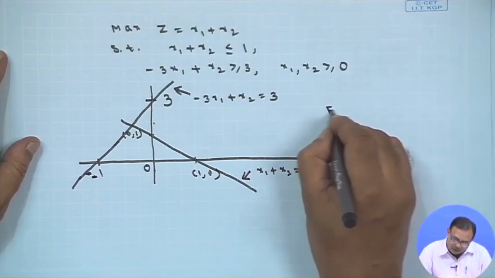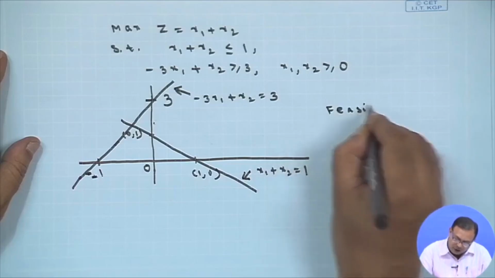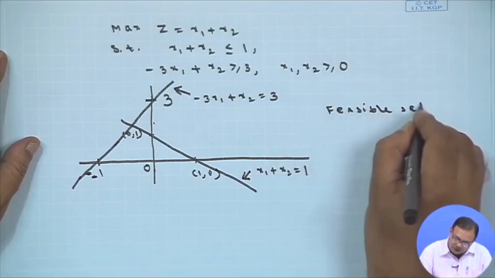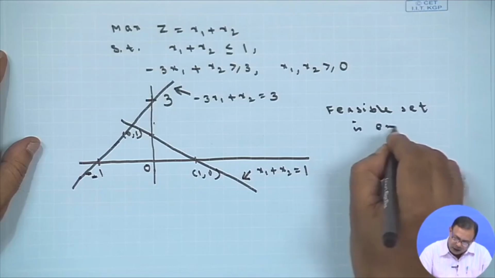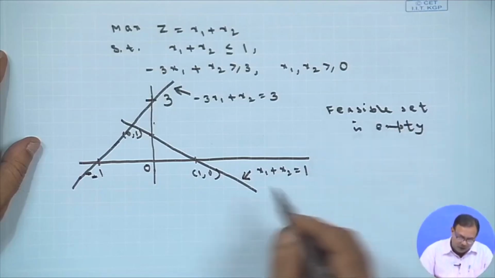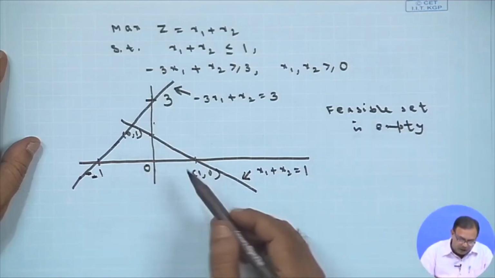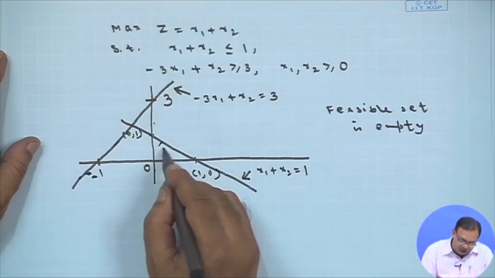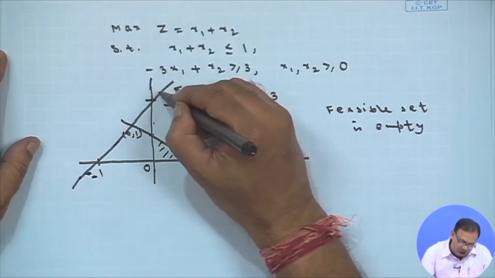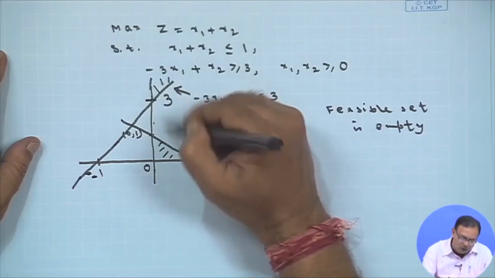So, here the feasible set, if I have to say, this feasible set is empty. Please note this one, because there is no intersection point. One portion is this side, another portion is this side. There is no common portion.